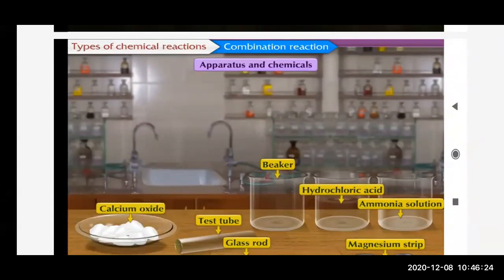The apparatus required for this activity are test tube, glass rod, beaker, etc. And the chemicals required are hydrochloric acid, ammonia solution, slaked lime, magnesium strip, etc. Once again, I will repeat: test tube, glass rod, beaker, and the chemicals are hydrochloric acid, ammonia solution, magnesium strip, and calcium oxide. In total, 3 activities are given. One by one we'll see that.